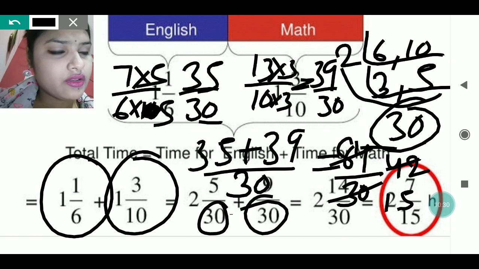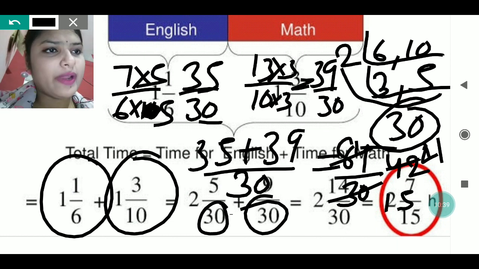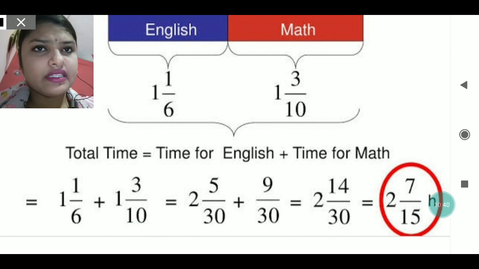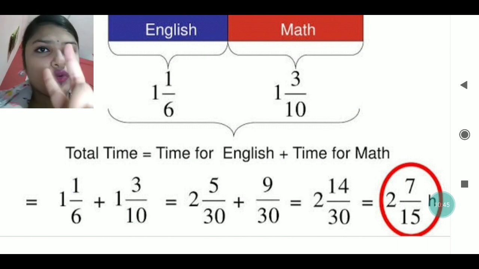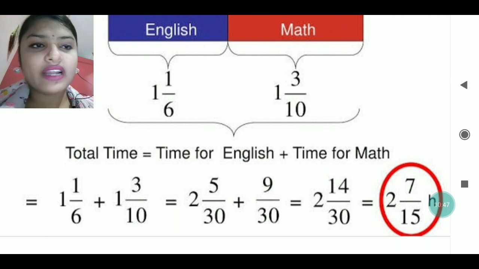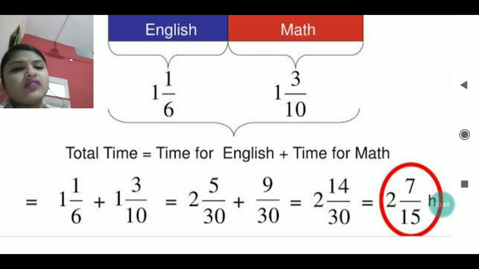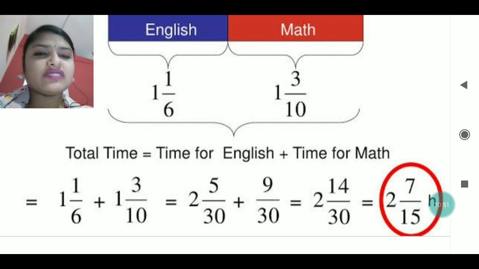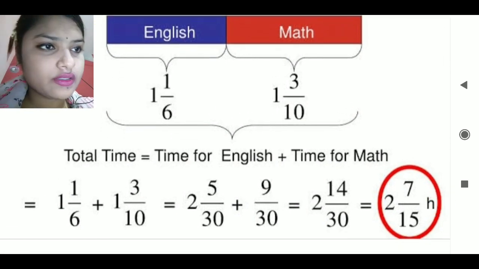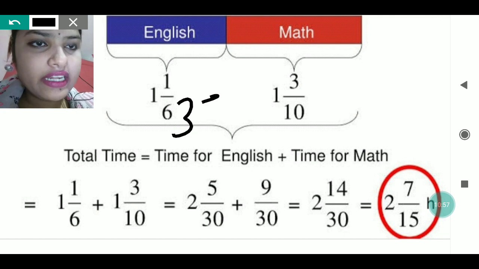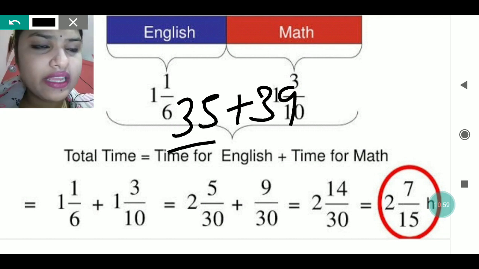Now again, not by 21. Just see. We have got these two answers. We have added both the numbers, and when we have added, we have got 35 plus 39 by 30.